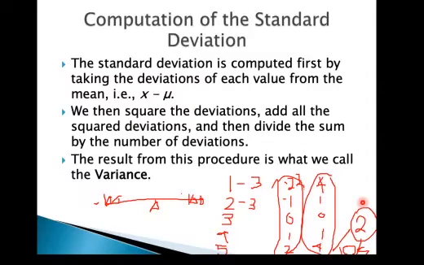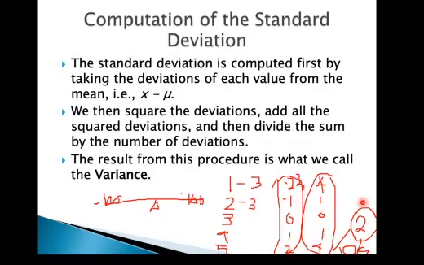But really, 2 years squared doesn't mean anything. We cannot conceptualize 2 years squared. We need to bring this back to its original unit, and the original unit is years.